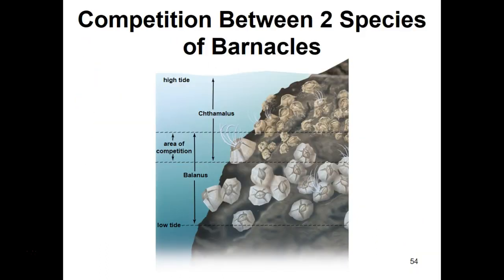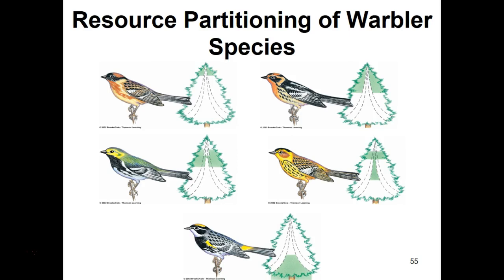Okay. Here we're looking at different birds. All of these birds are warbler birds, and they eat the same types of foods, but they each have their own area that they live in. So here we have a warbler that lives in the top, I don't know, 2/3 of the tree, or maybe half of the tree.